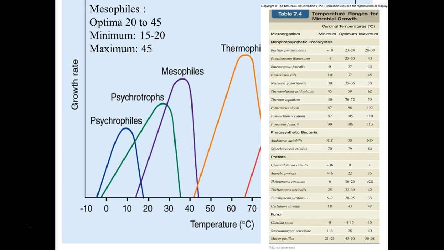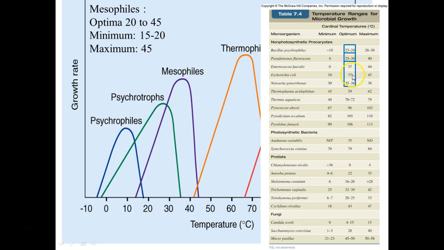But as you can see here, for some organisms where we know their minimum, optimum, and maximum, it makes sense that E. coli, Enterococcus faecalis, Neisseria gonorrhea, their range is 35 to 36 for Neisseria gonorrhea, and much warmer, of course, because it lives in the gut, of 37 for pathogens like E. coli.